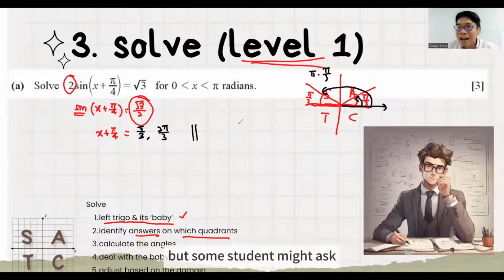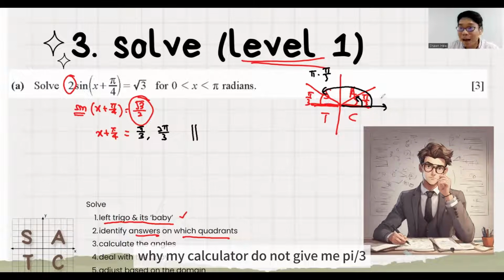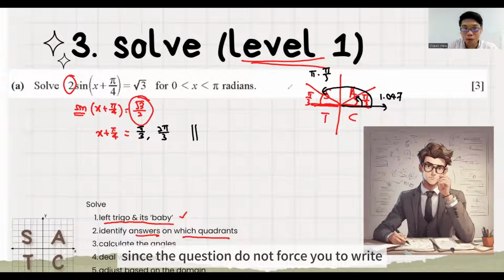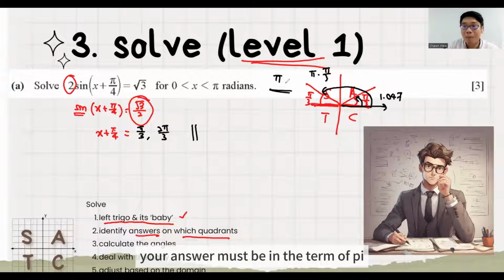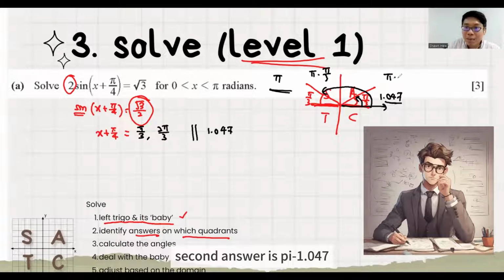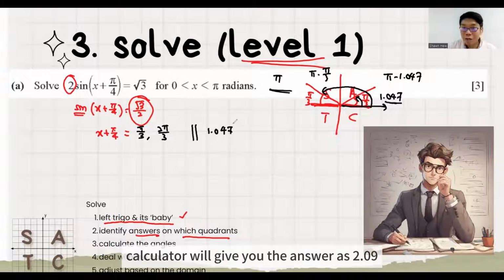But some students might ask why my calculator does not give me pi/3 but gives me 1.047. It's actually the same. Since the question does not force you to write your answer in terms of pi, you can also use this. So your first answer is 1.047. Second answer is pi minus 1.047. Calculator will give you 2.09.